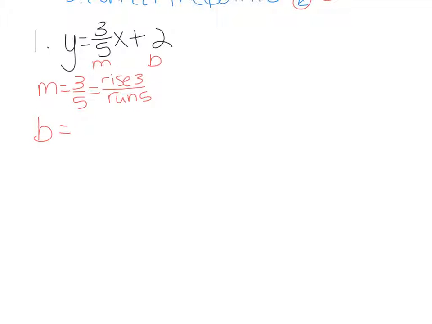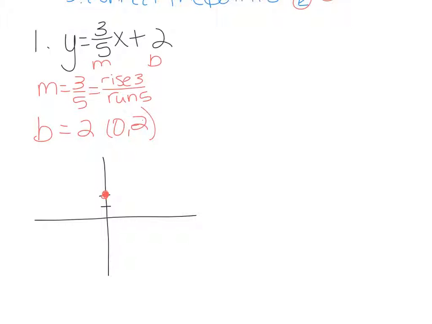So this one, my y-intercept is 2, which as a point is (0, 2). I identified my slope and my y-intercept. Now I need to plot my y-intercept. Step 3 says plot your y-intercept. So that is the point (0, 2). This is where my line crosses the y-axis.